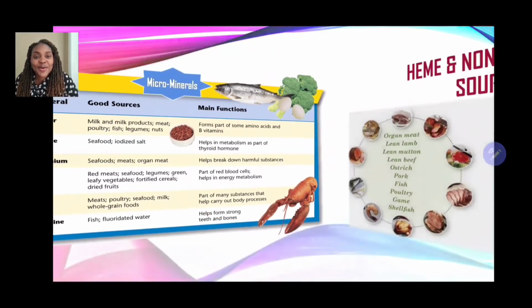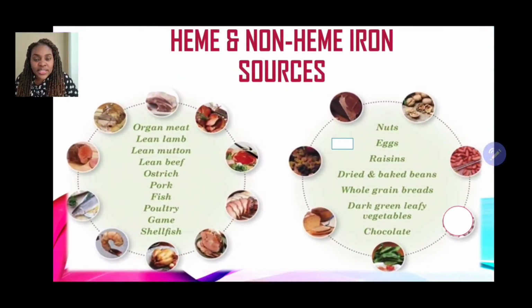All right. Now, let us take a look at the sources of iron, right? So we have two categories as it relates to the sources of iron. There is heme and non-heme sources. Now, heme sources of iron are from the animal source, whereas the non-heme sources of iron are from the plant source of food, right? Now, as it relates to heme iron sources, these sources are from animal sources and they absorb more into our bodies, right?